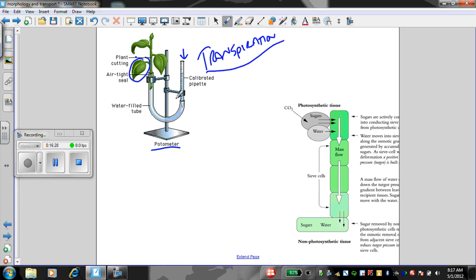So we're measuring water loss because water is being lost from the leaves. So things like humidity are factors. If the humidity is high, that means that the water out here is abundant, so the water loss is going to be low. So we're going to see a low amount because of humidity. If wind is high, and the plant can't counteract and close its stomata, we're going to see a high amount of transpiration.